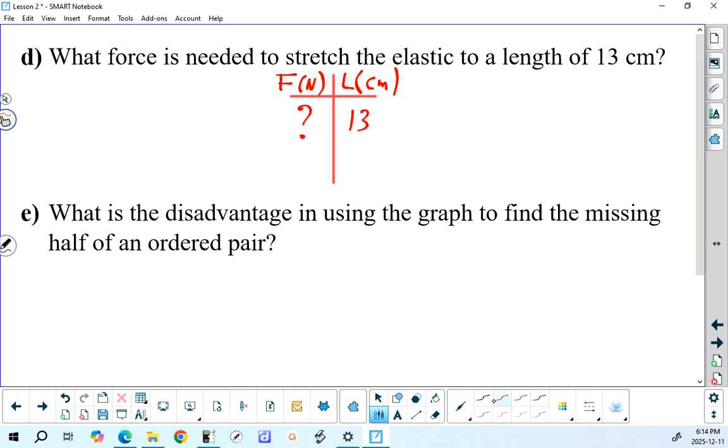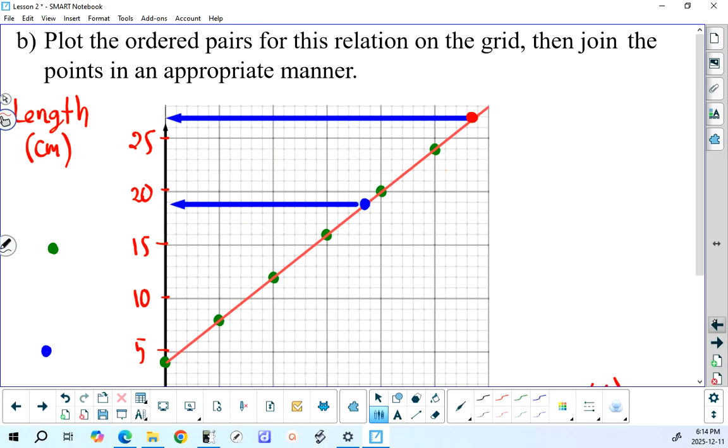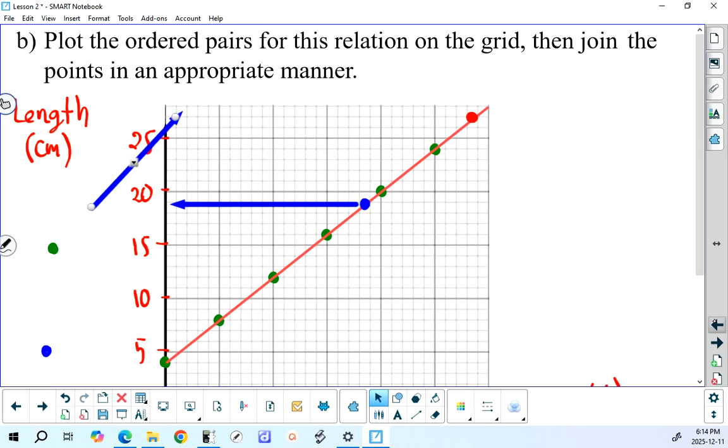So we are looking at the graph at where the length is 13 centimeters. Well, let me turn one of these arrows around. 13 centimeters is right here.